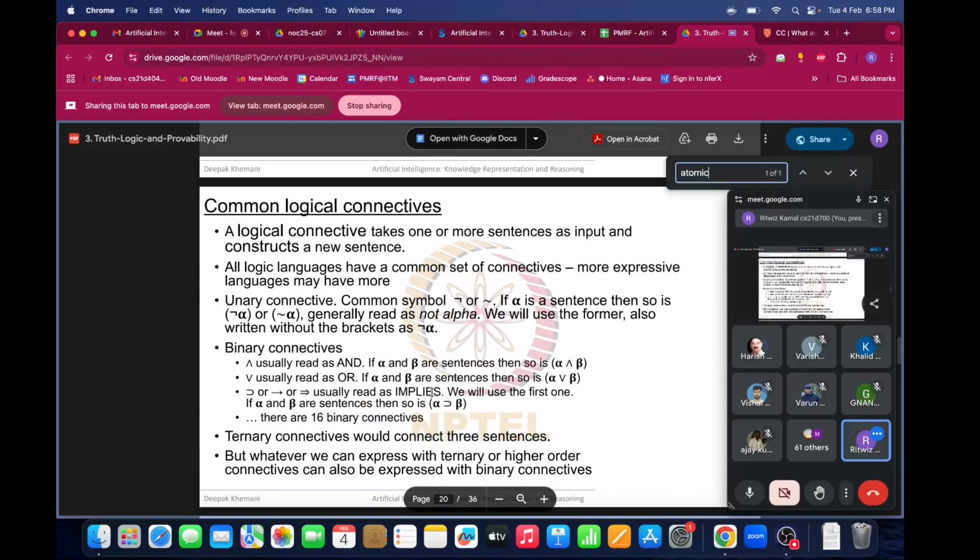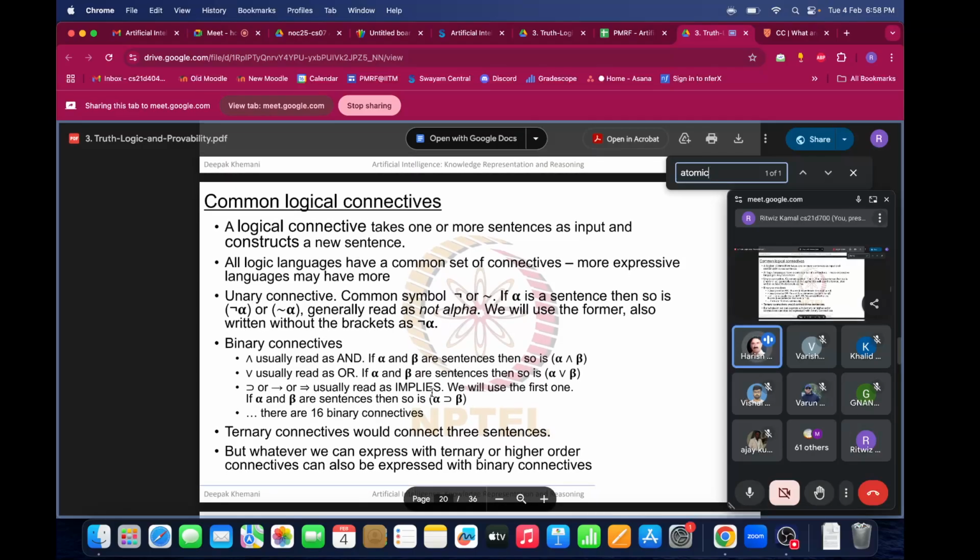So that means atomic sentences are those which don't have any connectives. They are independent on their own, and that is why they are atomic. A sentence connected by connectives can be broken down further into atomic sentences, but an atomic sentence cannot be further broken down without losing its meaning.